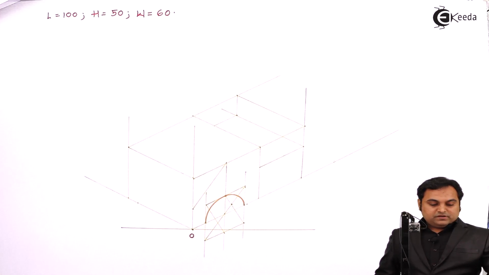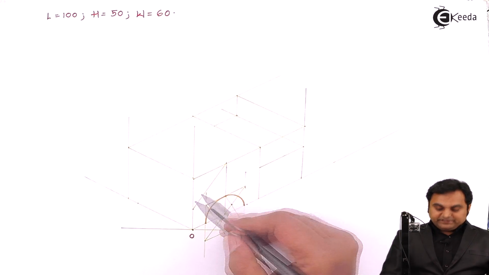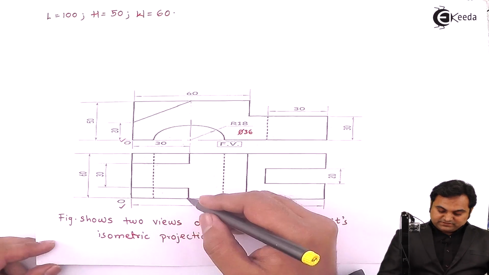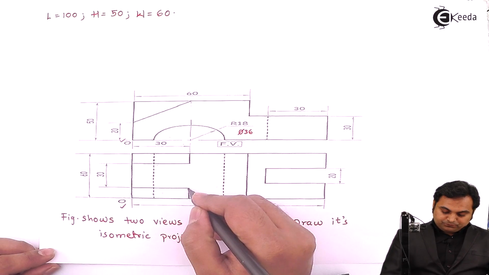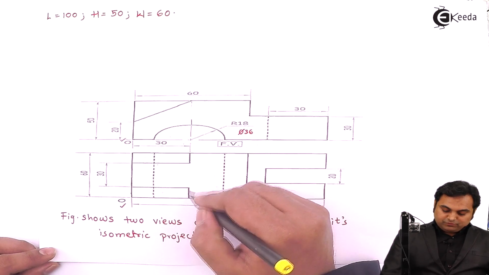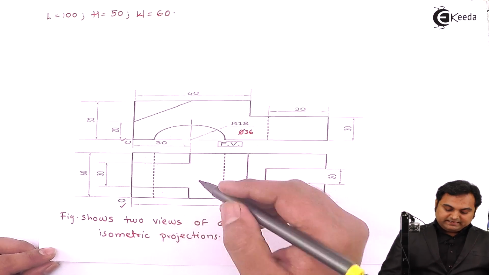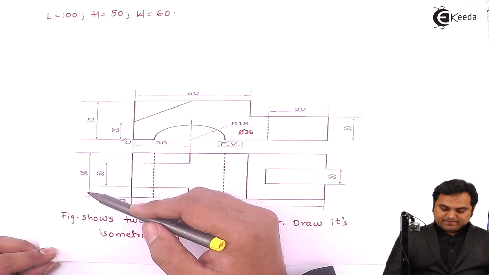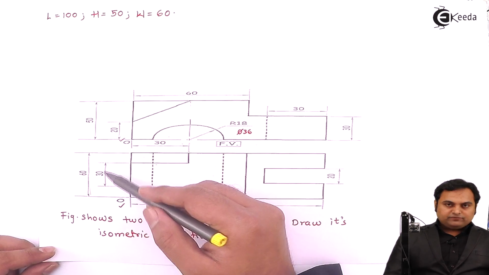Next, that surface which I am getting here is seen in the top view as a rectangle. Means here I have to mark the width of these two rectangles. The total width is 60 mm. Middle portion is having a width of 30 mm.